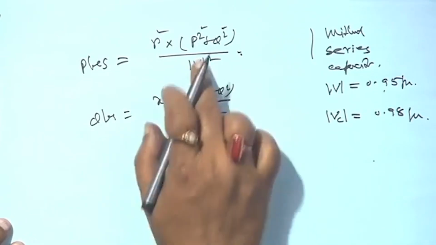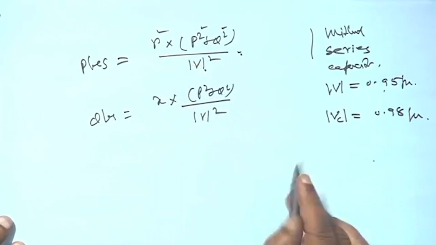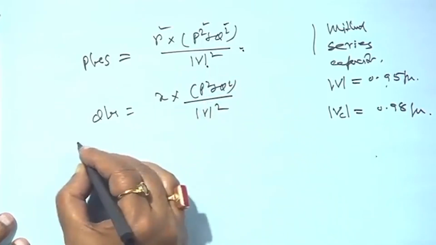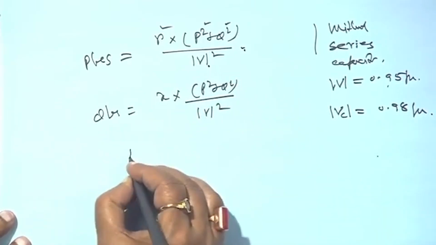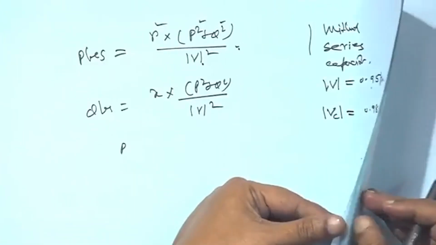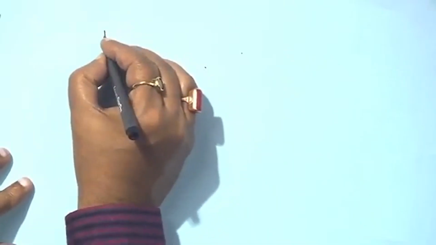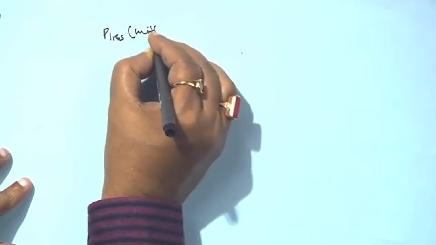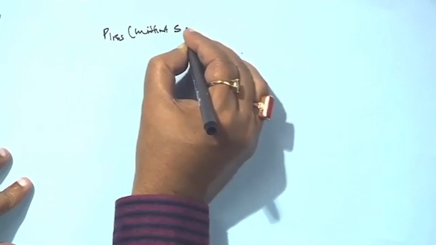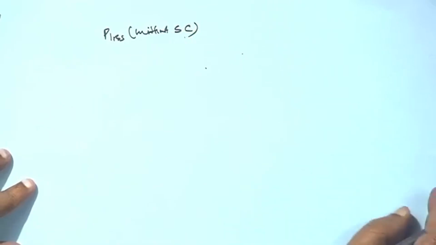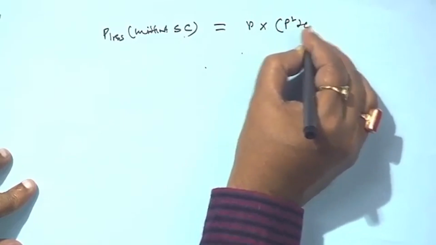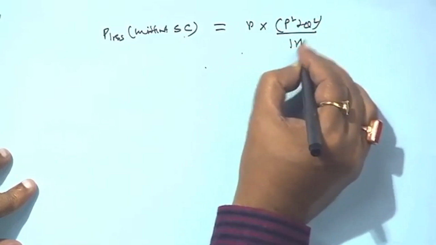Just for your understanding, let me write it in a better fashion so that the concept is clear. Suppose this is P loss without the series capacitor, SC meaning series capacitor: R into P square plus Q square upon magnitude V square.